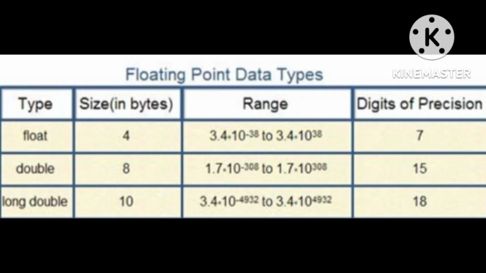Double size is 8 and range is 1.7e-308 to 1.7e+308, and digits of precision is 15. The third one is long double, size is 10, and range is 3.4e-4932 to 3.4e+4932, and digits of precision of long double is 18.